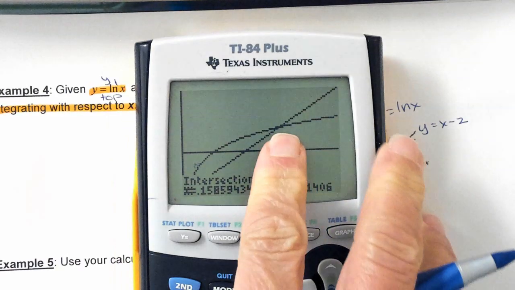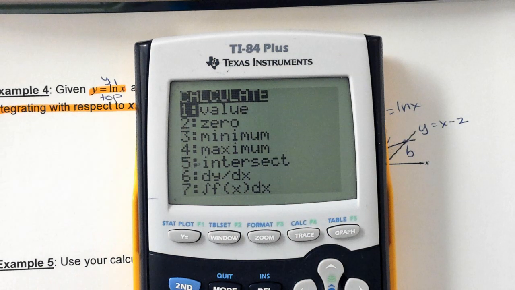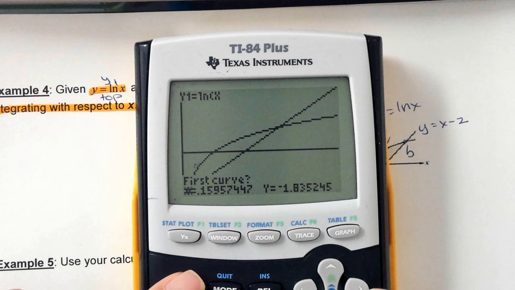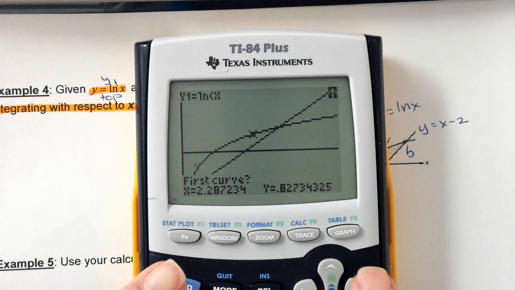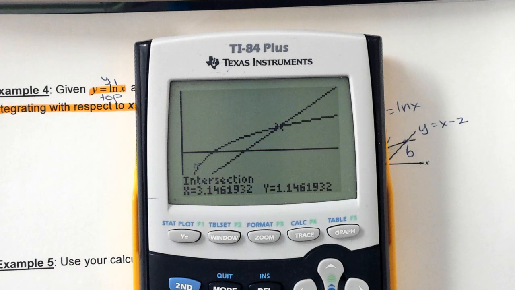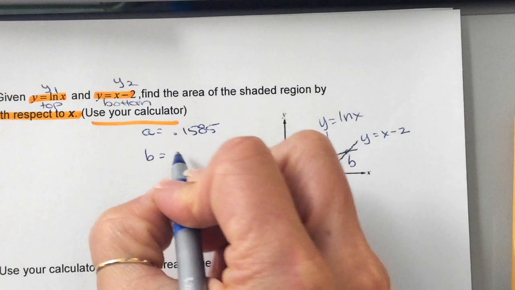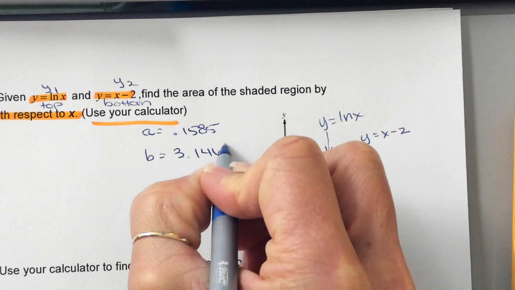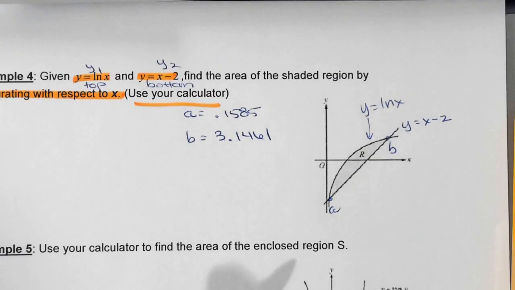And then I'll calculate this point of intersection so I can get myself set up. Let me get closer to the other one. Okay, so I'm going to press enter, enter, enter. 3.1461. Okay, so you can do this one of two ways.